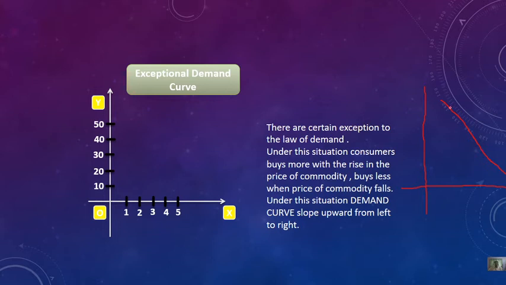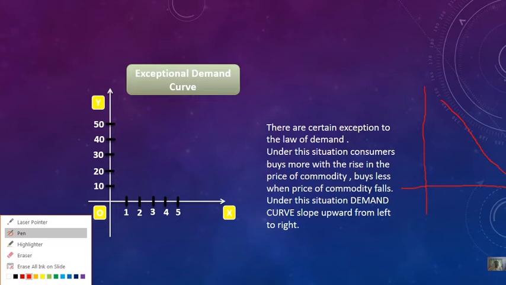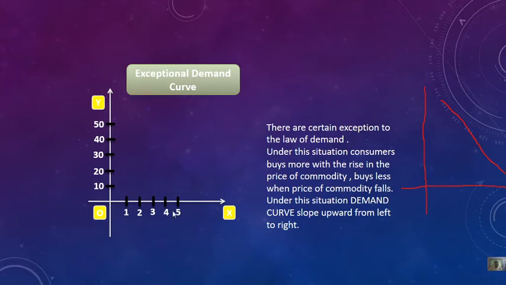So this is our normal demand curve. What is meant by the exceptional demand curve, or how is the exceptional demand curve shown? The exceptional demand curve is shown in this diagram. On the y-axis we show the price of the commodity in rupees. On the x-axis we show the quantity demanded in kg.